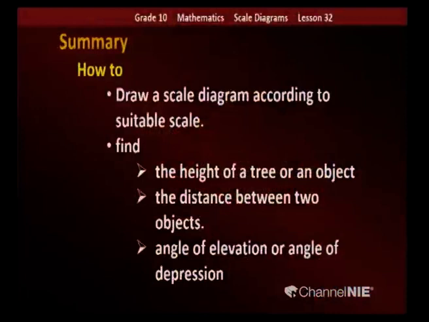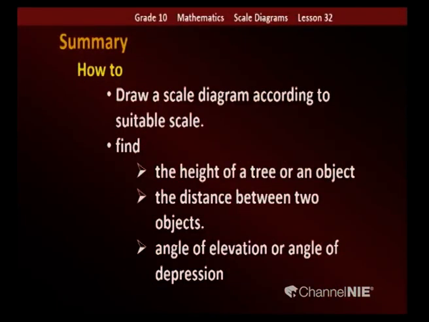Okay. Now we have learned a lot today. Shall we recall from the beginning? We learned 2 types of angles in the vertical plane. The first is an angle of elevation and angle of depression. What else? And you know how to draw scale diagrams using a suitable scale.